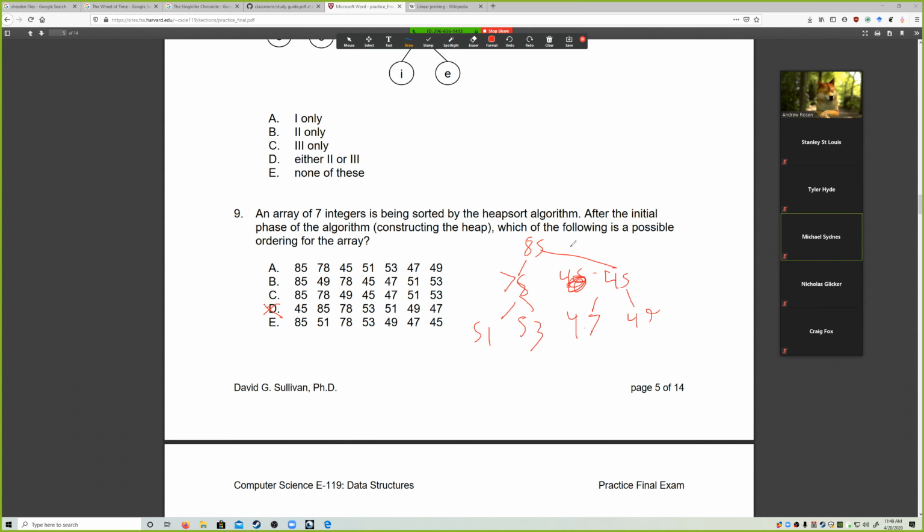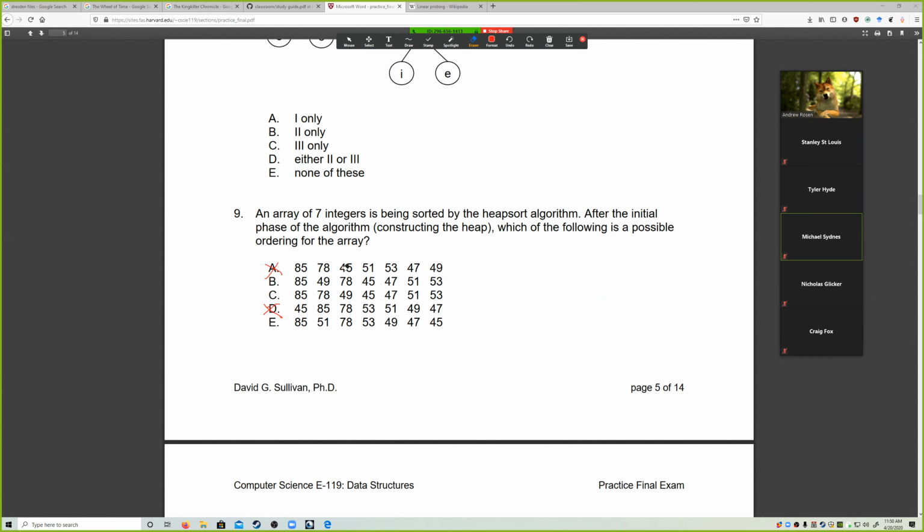Remember, these are complete trees, so you can just order them left to right. So A is incorrect because this violates the max heap property. The biggest item of a heap or subheap should be the root, so that's not true there, so this isn't the appropriate max heap.